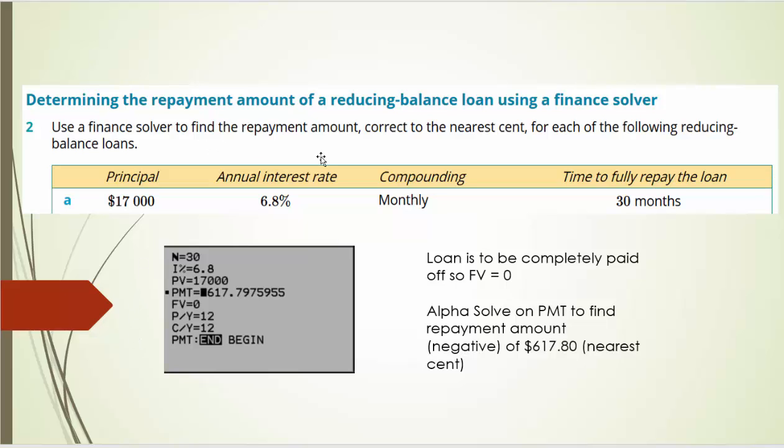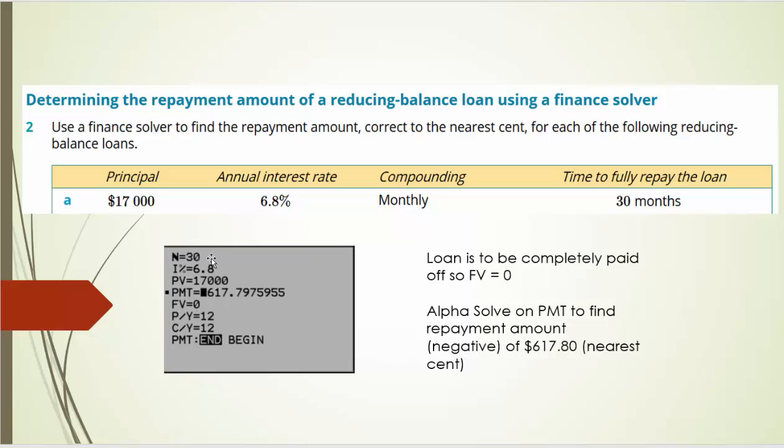This time we have to find the repayment amount. This is question 2A, of each of the following reducing balance loans. 2A is $17,000 principal. It's going to take 30 months, so we're going to pay the whole thing off. That's why we've got FV equals 0 now.